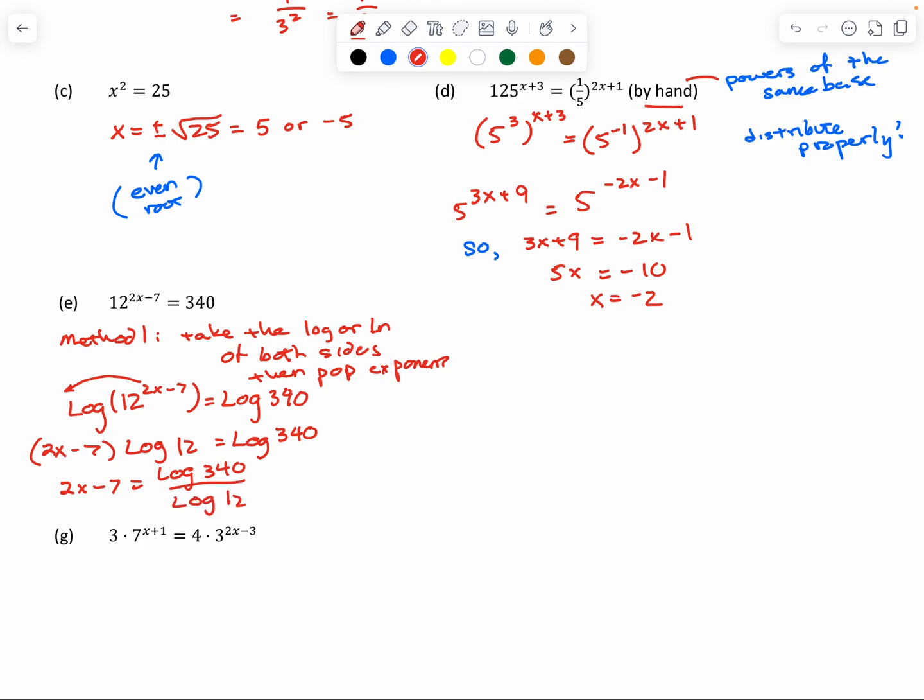Add 7, divide by 2. I'm going to start putting in parentheses because when you type it into the calculator, you need to be careful about that.